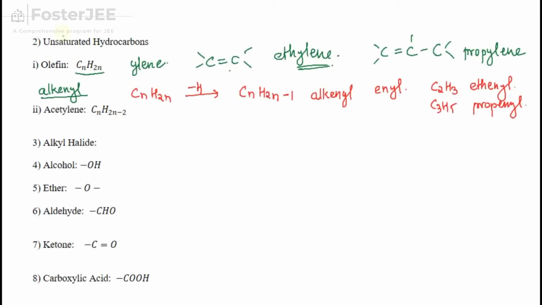Now, for acetylene, the suffix used is acetylene. That is why the name for this compound is acetylene. When one methyl group is attached with acetylene, then the name of the compound is methyl acetylene.